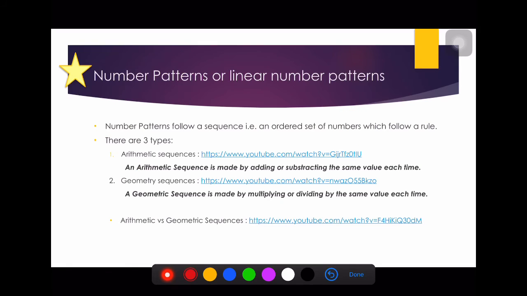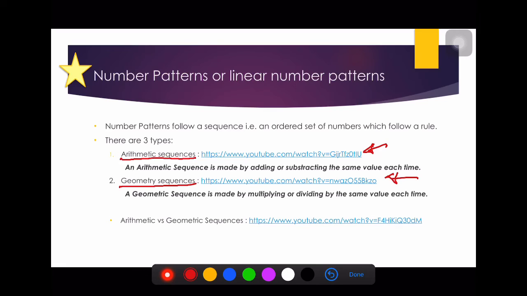Alright, number patterns or linear number patterns, we have 2 types. The first one is the arithmetic sequence. The second is geometric sequences. You can watch the video here, which will explain what arithmetic sequences and geometric sequences are.